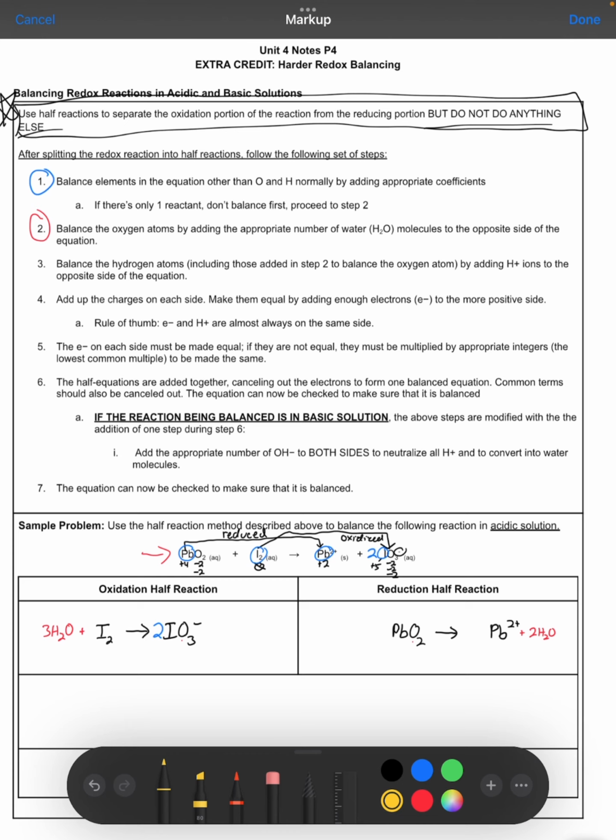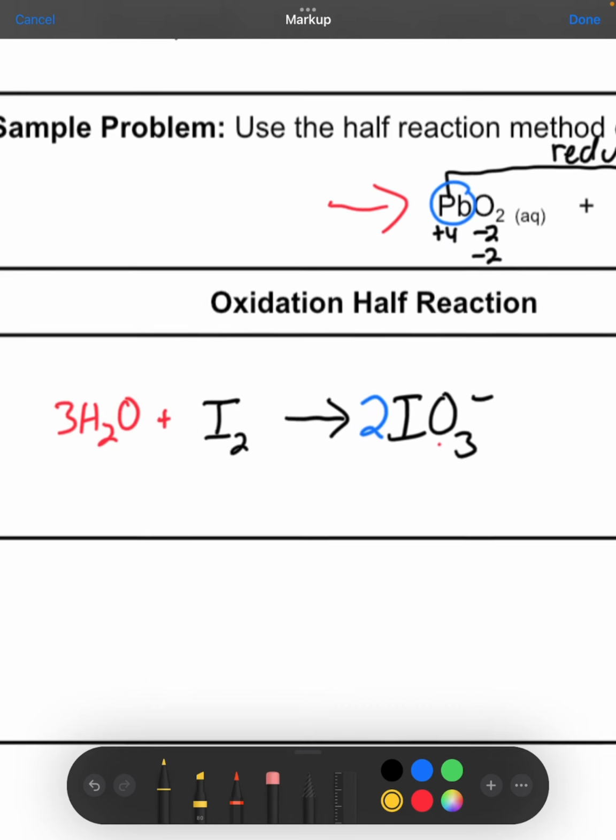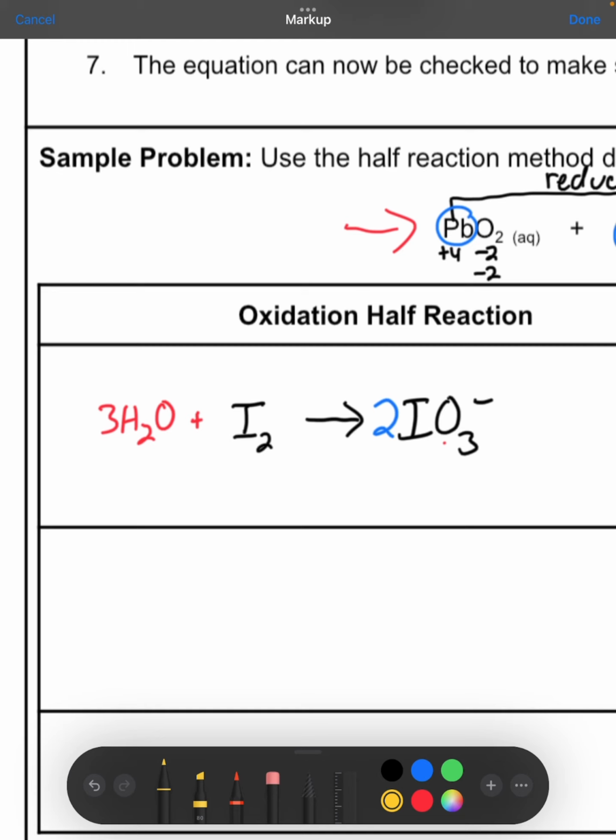Step 3 says balance the hydrogen atoms, including those added in step 2 to balance the oxygen atoms, by adding H+ ions to the opposite side of the equation. Okay, well, by adding my water molecules over on the left-hand side, I added not only oxygen, but I added another element as well. So I gotta fix those hydrogens.